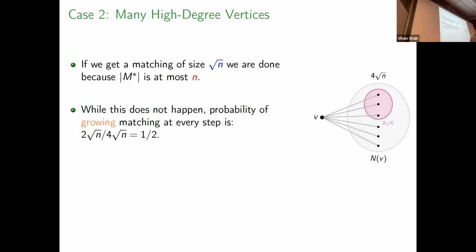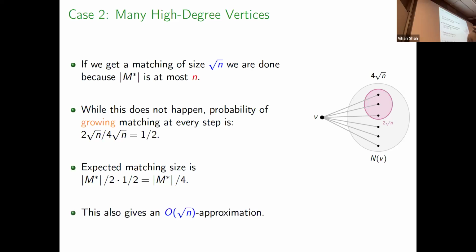If I've not reached square root n size, the number of matched vertices is at most 2 times square root n. So what is the probability of picking an edge to an unmatched vertex? It's half. So I'm going to grow the size of the matching by 1 at every step with probability half. And so I get even a constant approximation here, right?